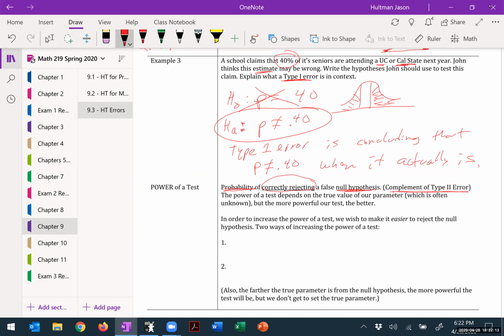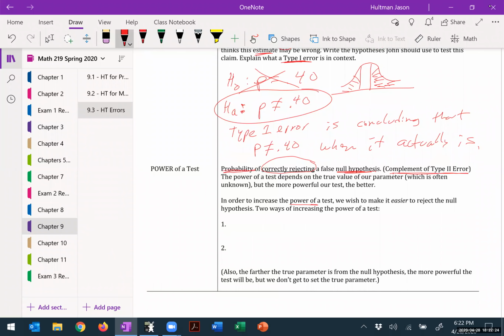The power of a test depends on the true value of a parameter, which is often unknown. But the more powerful our test, the better. In order to increase the power of a test, we wish to make it easier.